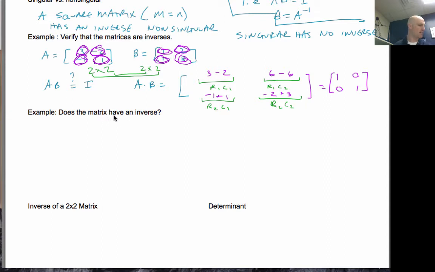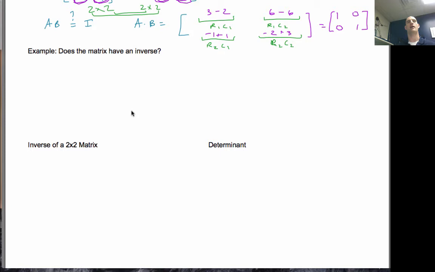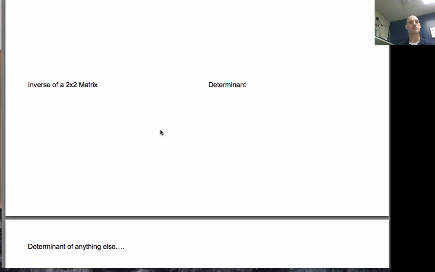Does a matrix have an inverse? We have to determine that, and there's a formula for it. So the inverse of a 2 by 2 matrix looks like this.